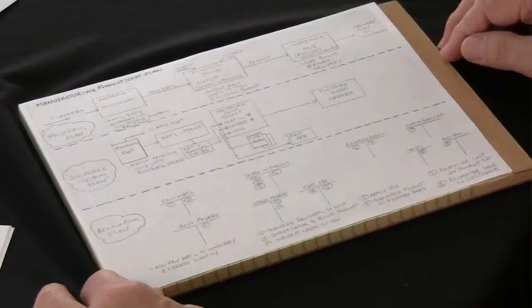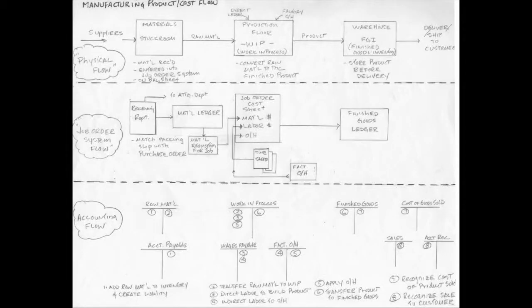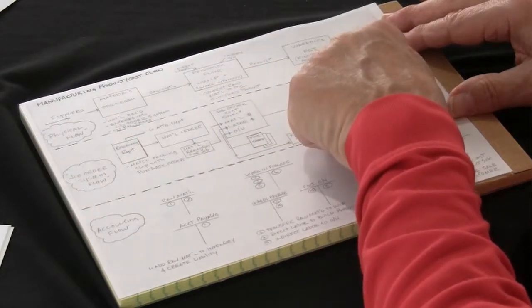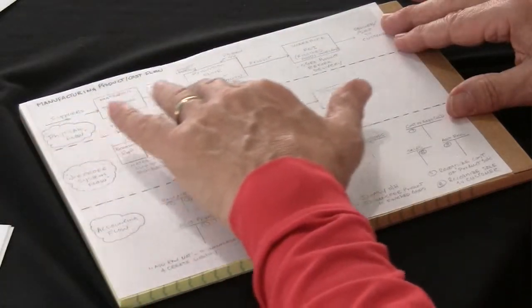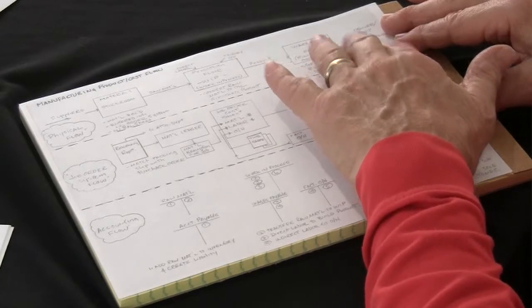Now, to get people to understand this particular concept, I have a chart which you should have a copy of. It's this manufacturing product and product cost flow. And I'm going to address each of these three. If you can envision this, each of the activities is slightly different. This is the physical flow of product through a manufacturing operation.